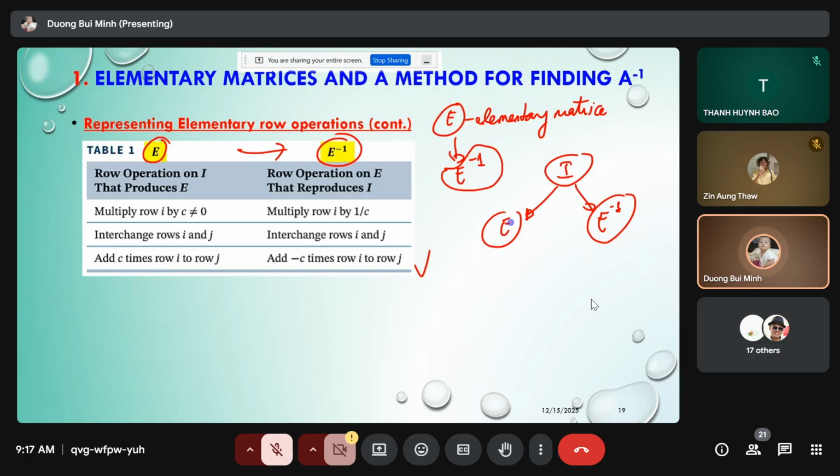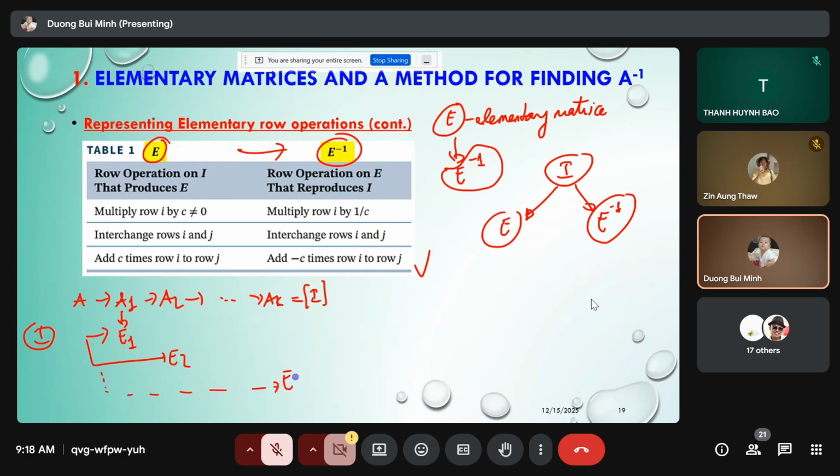Any matrix A, we can apply Gaussian elimination to get A1, A2, and so on up to AK, and AK is the identity matrix. To get A1, we apply the same elementary operation to the identity matrix I, and you get E1, then E2, and so on up to EK. Remember AK is the identity matrix.